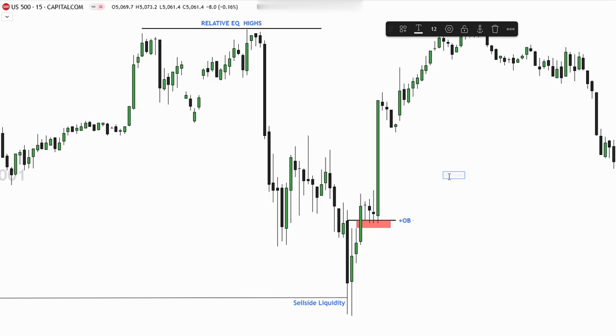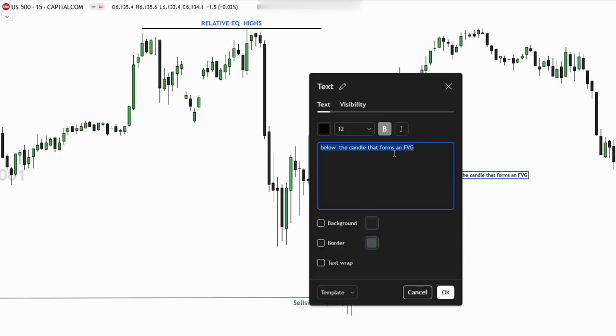So the first area is below the candle that forms an FVG.